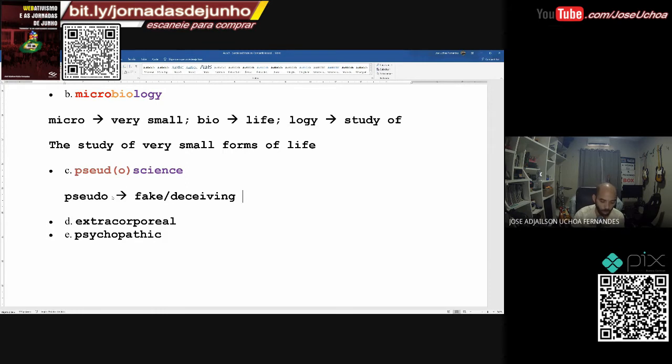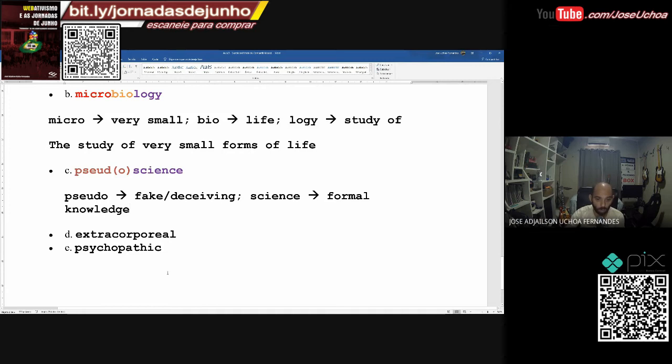And science, it's difficult to define science. It's the knowledge of something, yeah. Science is science, but we should give it a definition. So it's a formal knowledge.